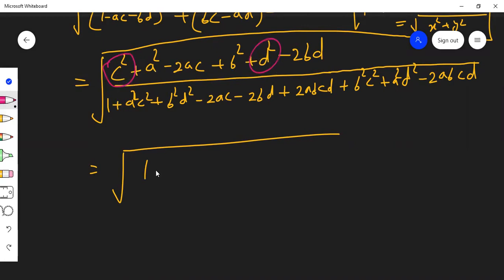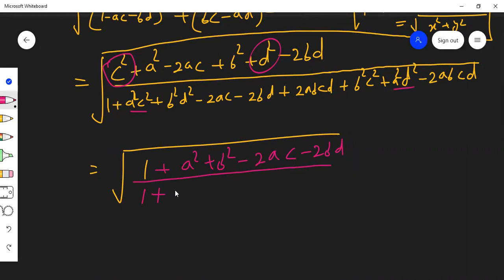And the rest I'll write as it is, plus a squared plus b squared minus 2ac minus 2bd. And in the denominator, how can I write it? 1 as it is. Here we can see a squared c squared, and I can also see a squared d squared.